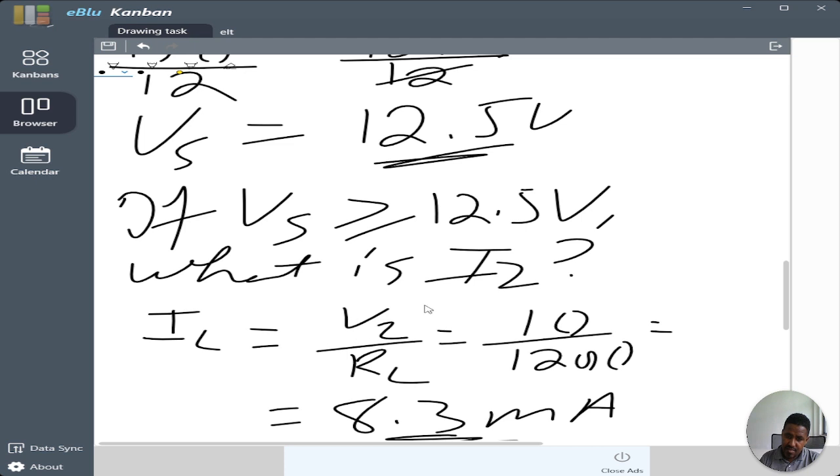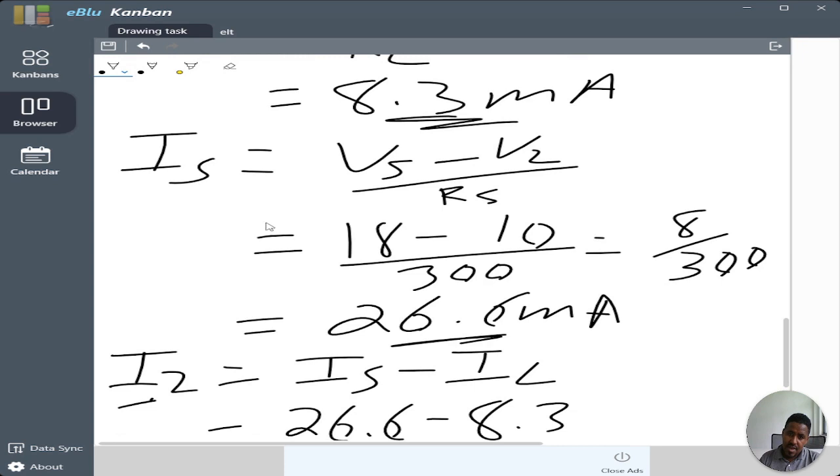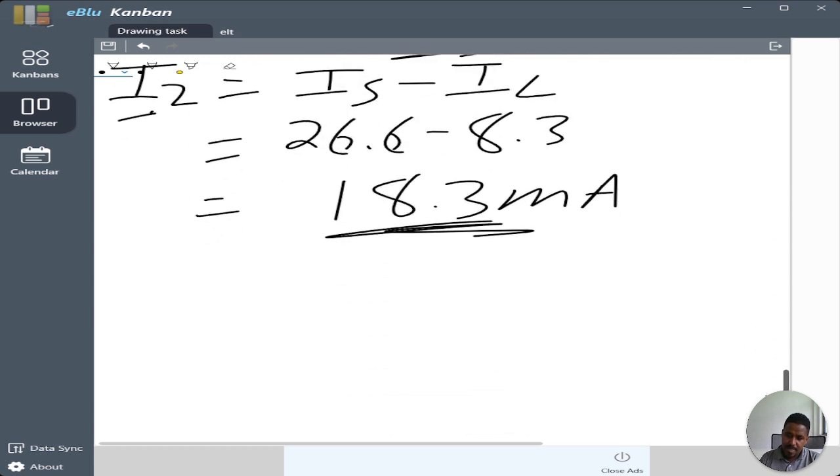IL becomes Vz over RL, 8.3. Again, the total current is V maximum input minus Vz over Rs, 18 minus 10 over 300, that becomes 26.6. This is the total current. So to determine Iz, Is minus IL, 26.6 minus 8.3.